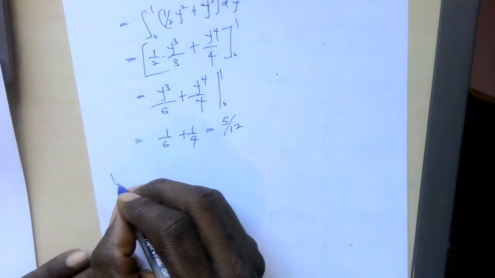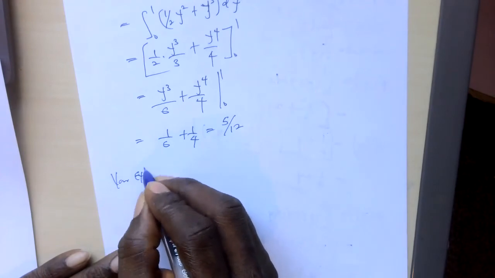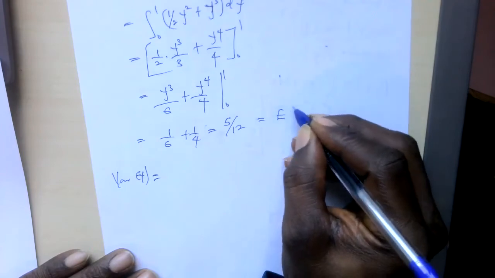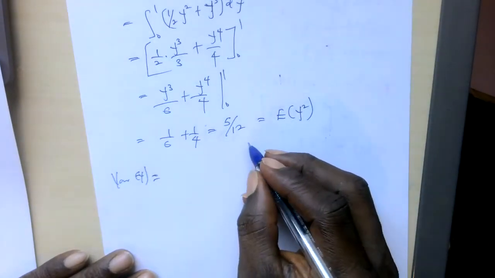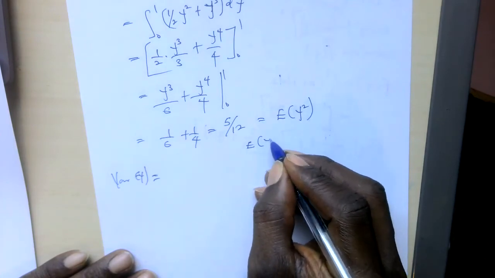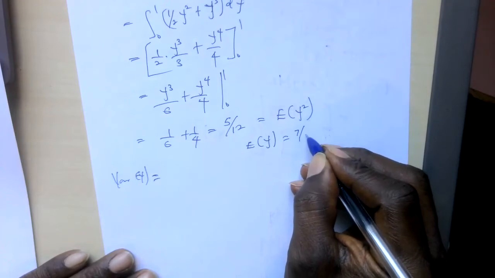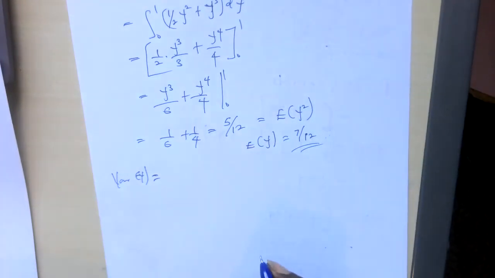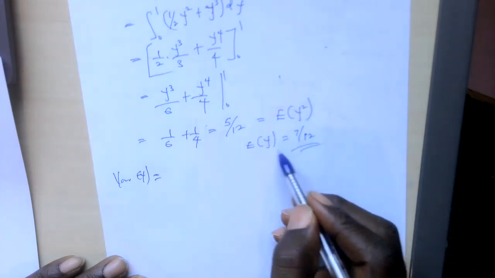So now to get the variance of y, like I've said before, this is E of y squared, and we know our E of y to be 7 over 12. So this is 5 over 12, 7 over 12. The variance now is this minus the square of this.